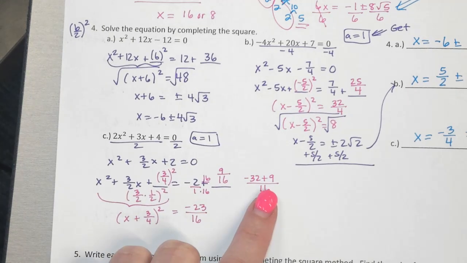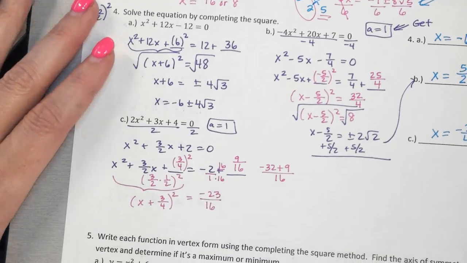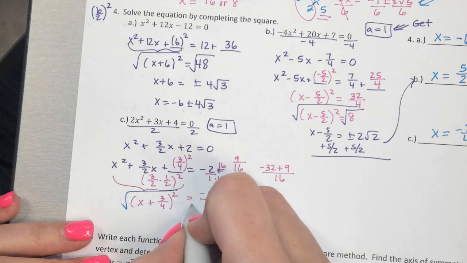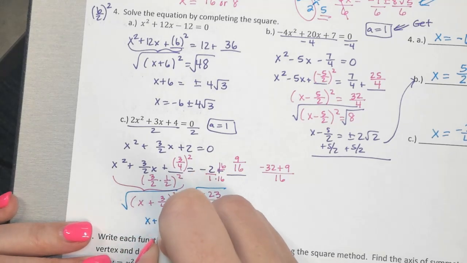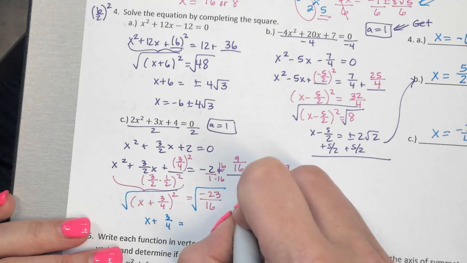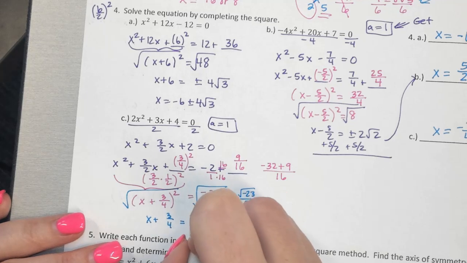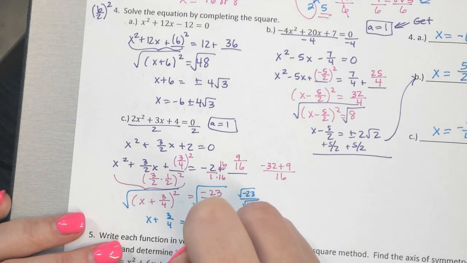And if you want to add 10 and then subtract the 1, you can do that too. And then we're going to take the square root. When you take the square root of a fraction, you square root the numerator and the denominator. And this was a perfect square. So it's i root 23 over 4.